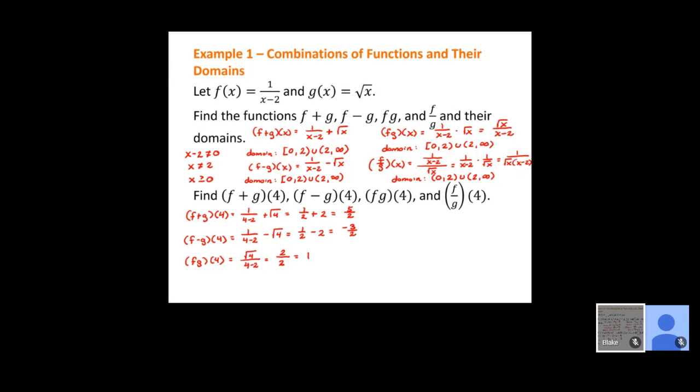All right, and then finally we have f divided by g of 4. So again, I'm substituting into what we got down there. That was 1 over square root of 4 times 4 minus 2.